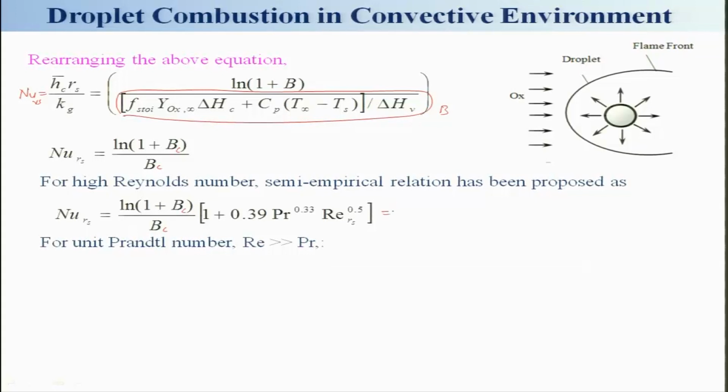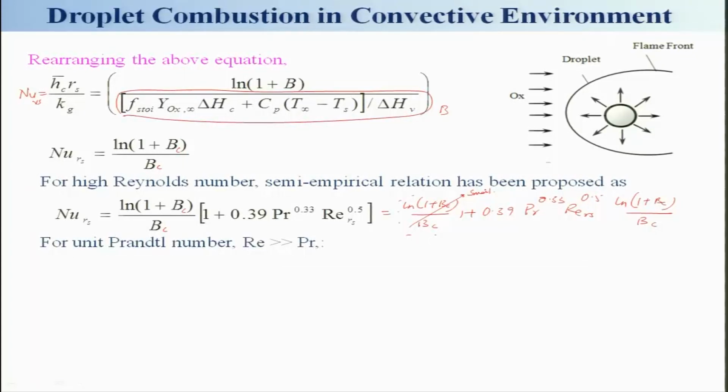That is, I can write Nu Rs equals ln 1 plus BC divided by BC times 1 plus 0.39 Prandtl number 0.33 Re Rs 0.5. If you look at the first term here, this will be quite small as compared to the second term. Why is it so? Because it is ln, and this is very small.